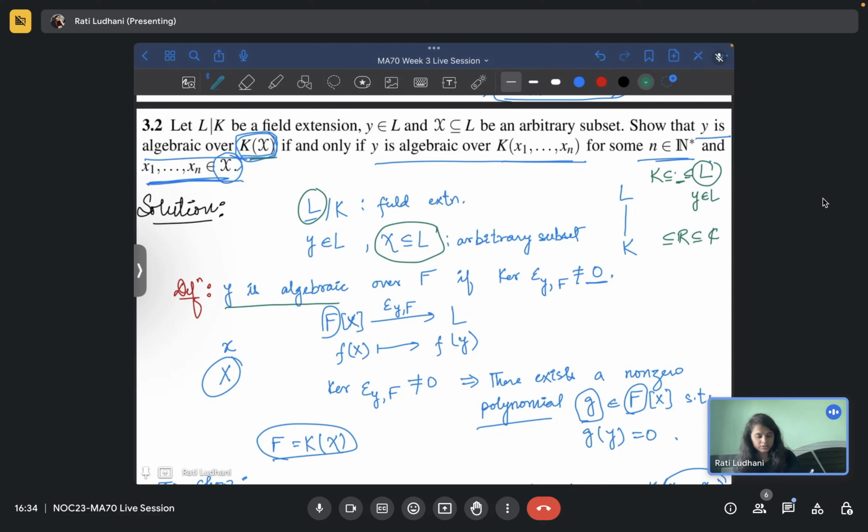So if you take these three fields, then i is algebraic over C. Oh, sorry. Yeah, okay. That should be a finite extension. That is also required. So, for example, you take this: Q(root 2), and you have R. Am I still correct?